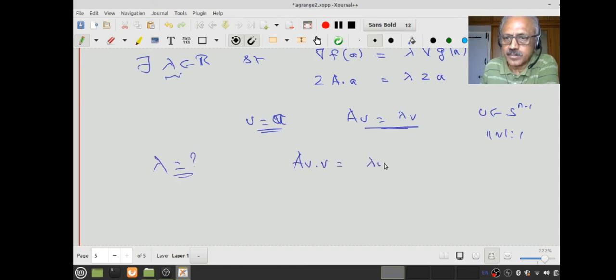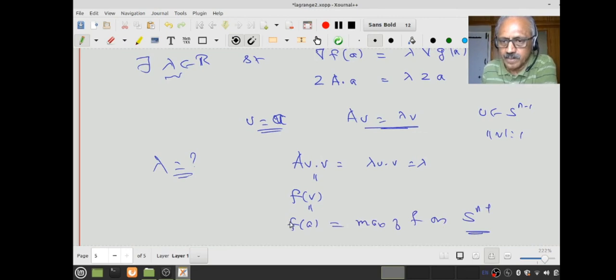That is lambda v dot v, that is lambda. But Av dot v is nothing other than f of v, and f of v, since I just called it v, is nothing other than f of A. Therefore, this is the maximum of f on S. Therefore, lambda is nothing other than the maximum. Similarly, you can do a minimum also.